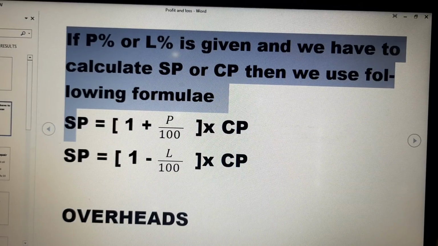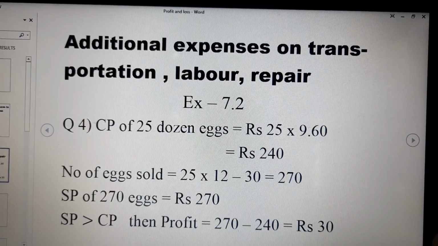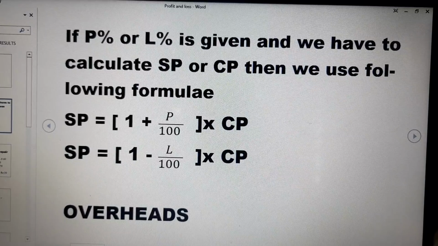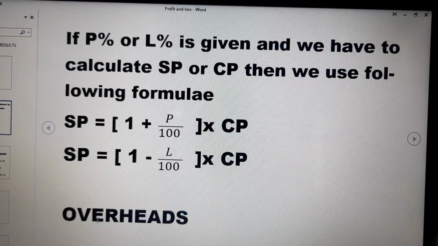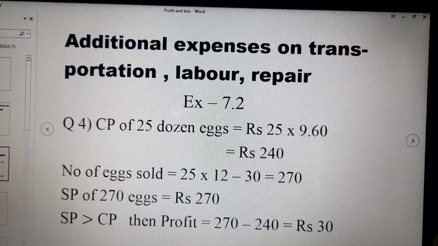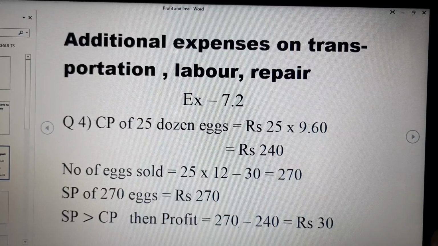Are you getting it? Now, another word is used. As you can see in the previous slide, the last word was overheads. What do you mean by overheads? Overheads means additional expenses.